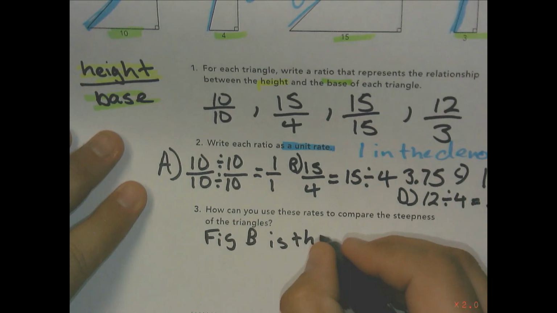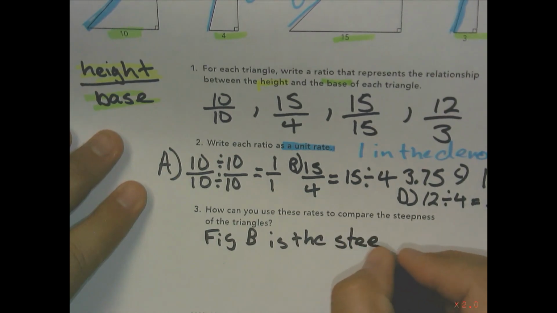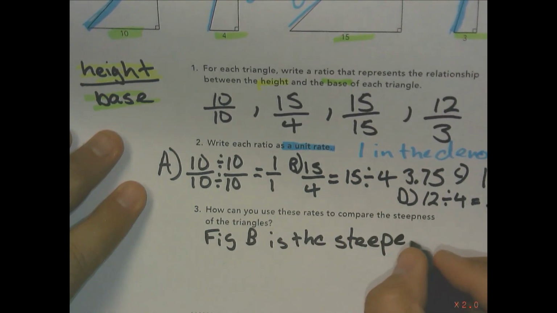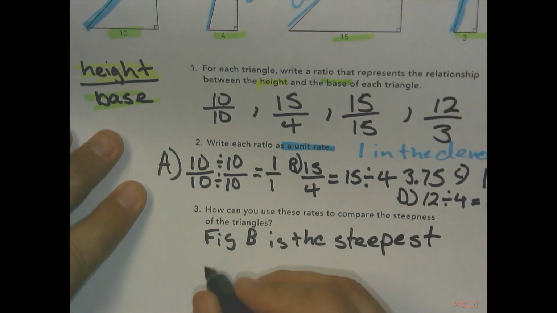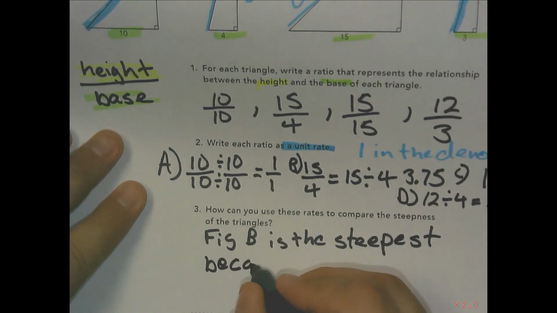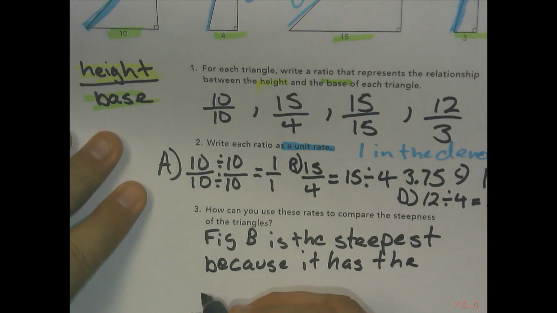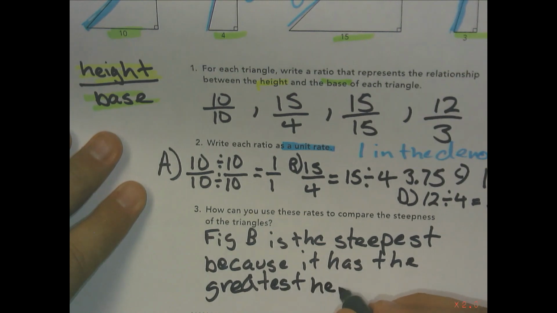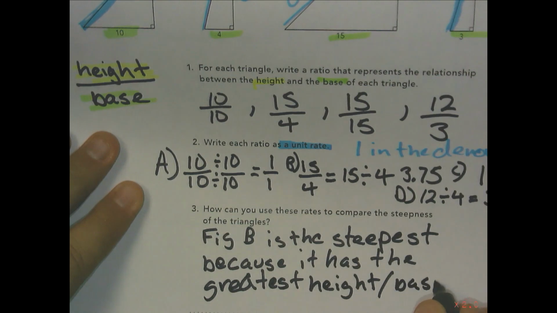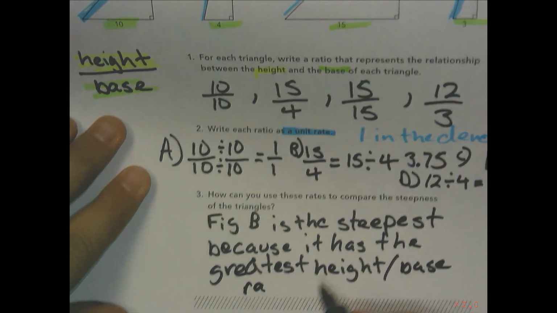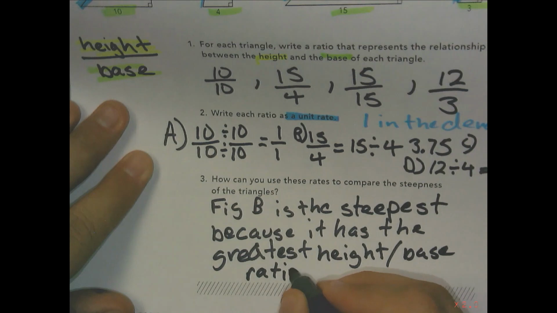Figure B is the steepest because it has the greatest height to base ratio.